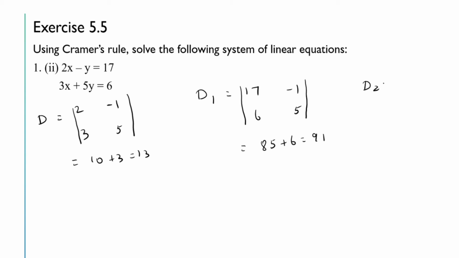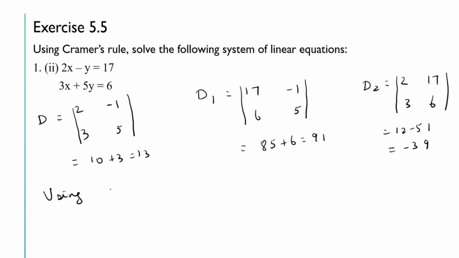Then D2 is, here in place of the coefficient of y terms, we have to substitute the constant terms. 2, 17, 3, 6. So this is equal to 12 minus 51. So it is minus 39.